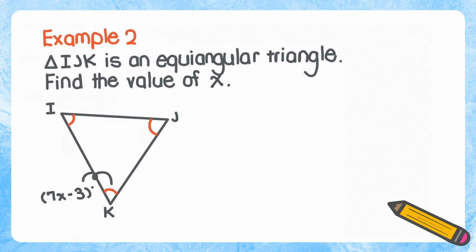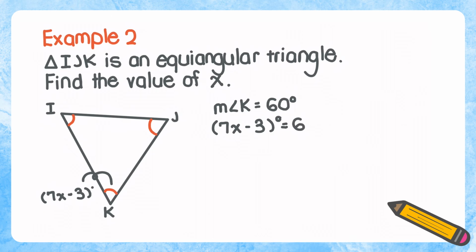Let's look at another example. Here, triangle IJK is an equiangular triangle. Once again, we're going to find the value of x. Since this is an equiangular triangle, we know that each angle measures 60 degrees. This means that the measure of angle K equals 60 degrees. We're given that the measure of angle K is 7x minus 3 degrees.